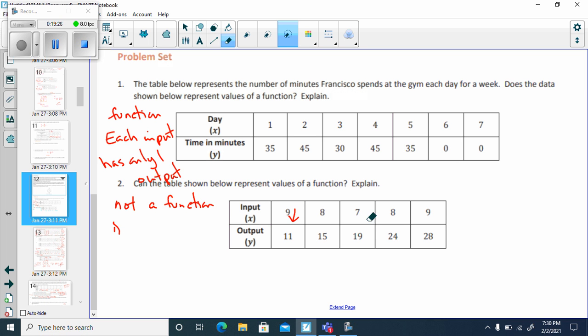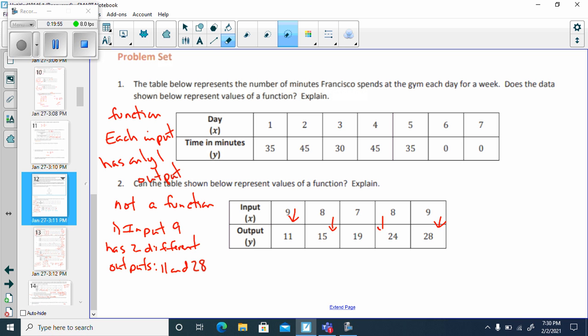Input 9 has 2 different outputs. What are they? It'd be 11 and 28, right? Okay.